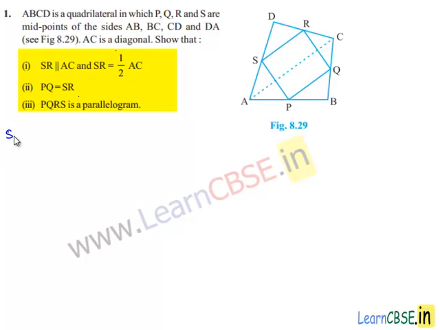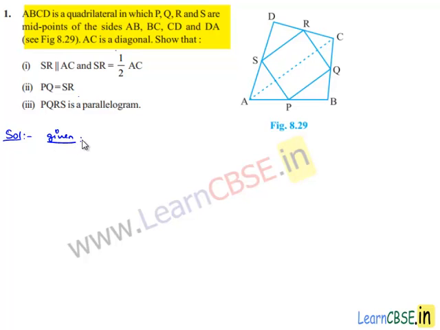Now moving on to the solution. He has given that ABCD is a quadrilateral in which P, Q, R and S are midpoints of sides AB, BC, CD and DA respectively, and he also given that AC is diagonal.